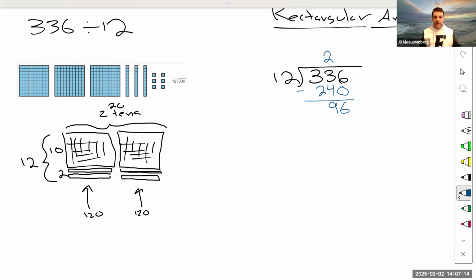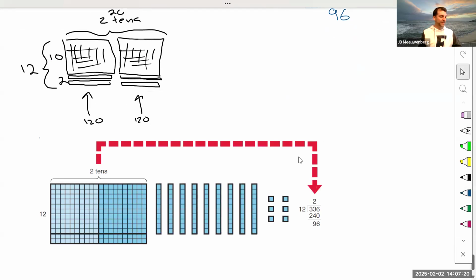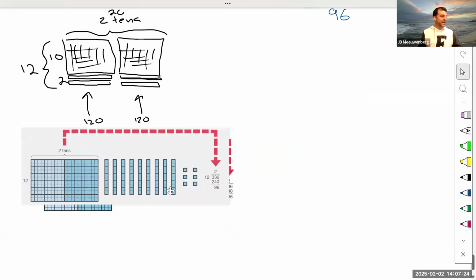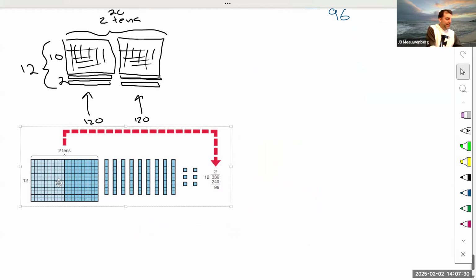Now, let me show you the formal, fancy picture that's better than my drawing. It looked like this. But you can see it's the same thing. What I drew in my little sketch is the same thing that is over here. These are the remaining pieces right there.